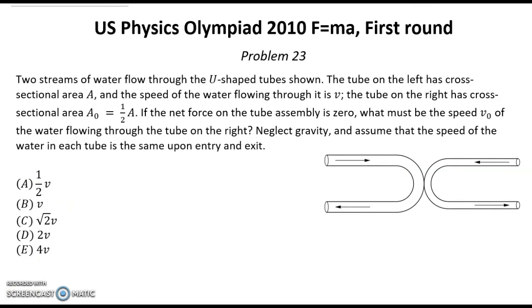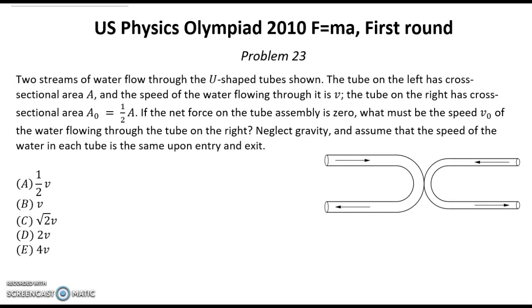Problem number 23. Solution for this problem you can find below this video in the description. Two streams of water flow through the U-shaped tubes shown.